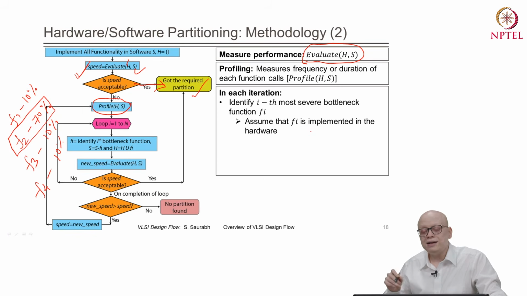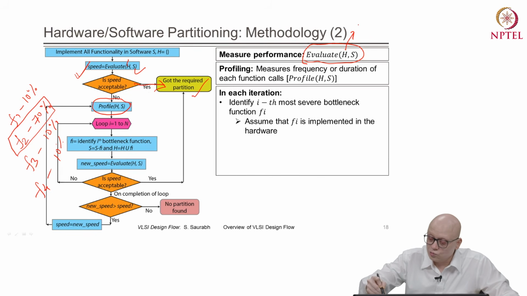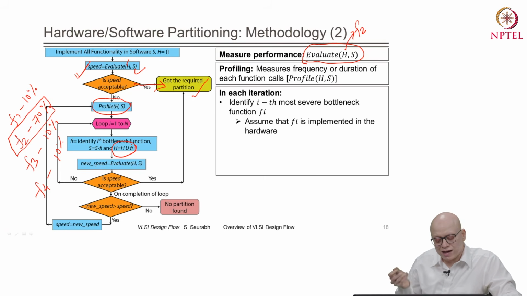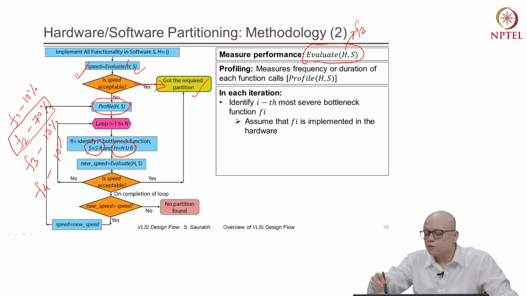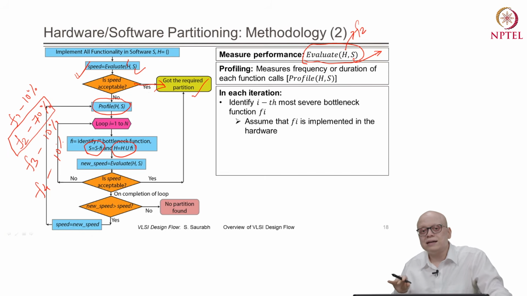So f2 will be added to the set H. That is, H is equal to H union fi, so we are adding the element f2 to H, and simultaneously S is equal to S minus fi, meaning that we are removing f2 from the set of functions in S. This indicates that the function f2 has moved to hardware rather than software.